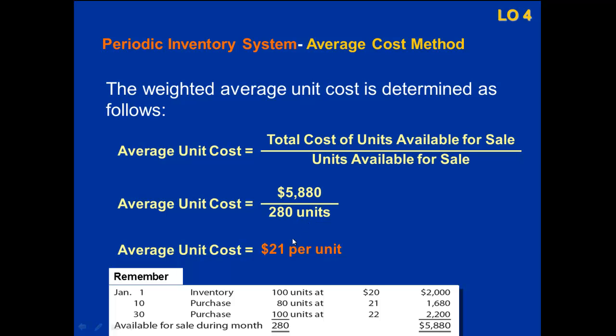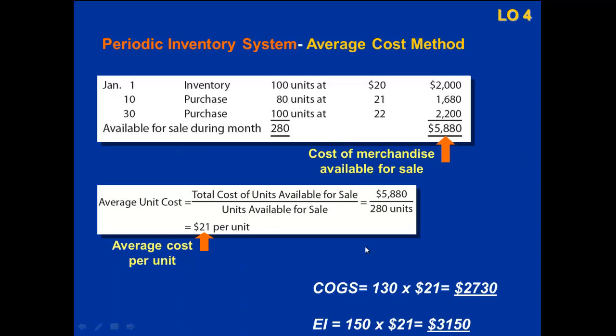If we average those out, we get $21 per unit, since 5,880 divided by 280 is $21. We know we have 150 units left, so to calculate ending inventory, we say 150 times $21. To calculate cost of goods sold, 130 were sold, so we simply say 130 times 21. Isn't that easy?